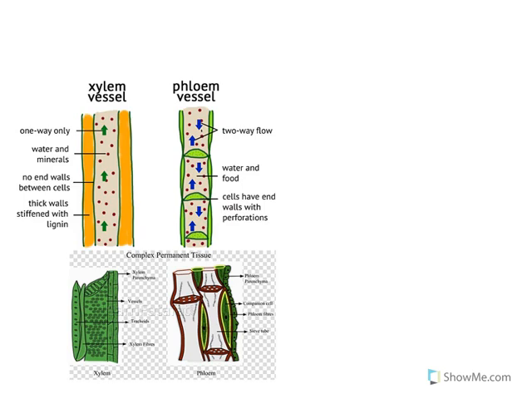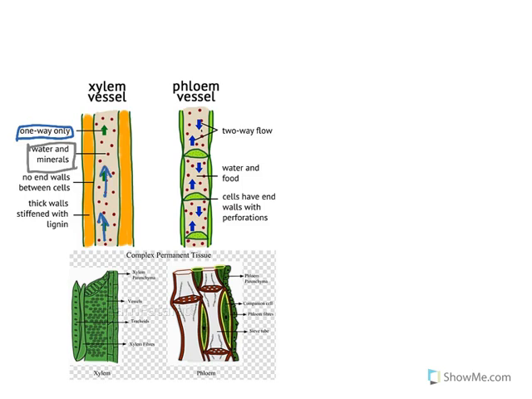We have the xylem here, the xylem vessel, and in the xylem vessel, what does it transport? It transports water and minerals. You must know that it's one-way traffic in xylem. In xylem, the material travels only upwards.